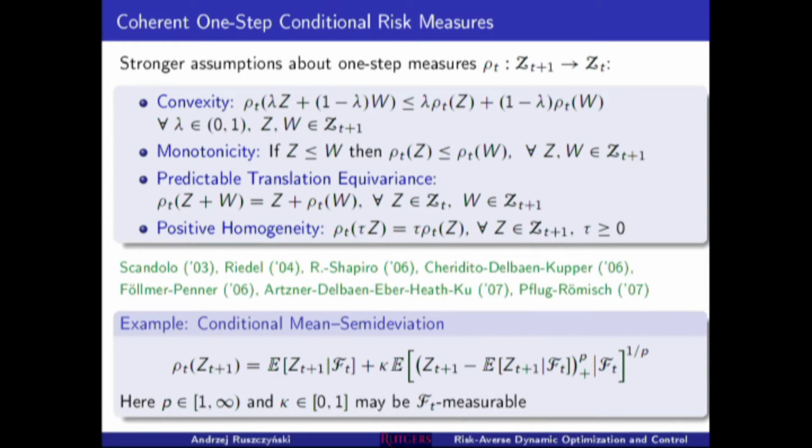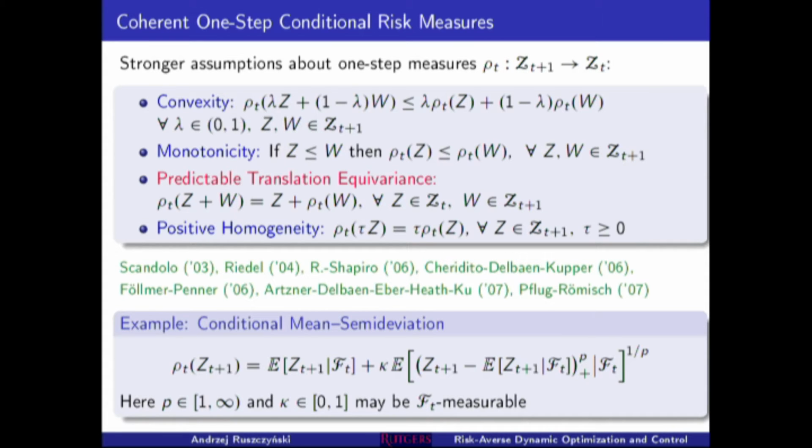And these are the very well-known axioms of convexity, monotonicity, predictable translation. So predictable translation is the same as translation, but just the component Z is measurable with respect to the earlier sigma algebra and W with respect to the future sigma algebra. That's why Z can be taken out. And many people worked on these conditional risk measures, and many interesting properties have been developed.